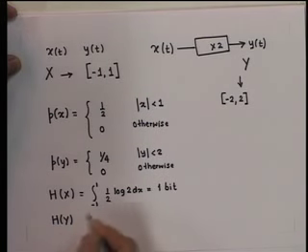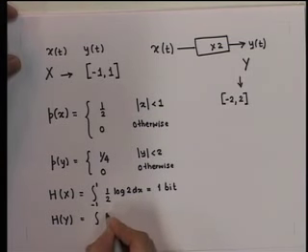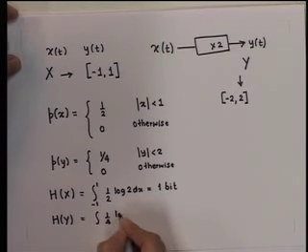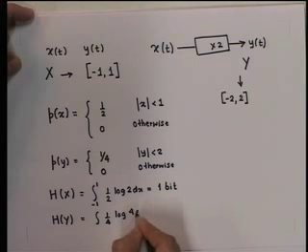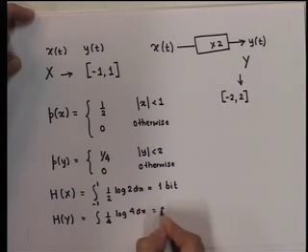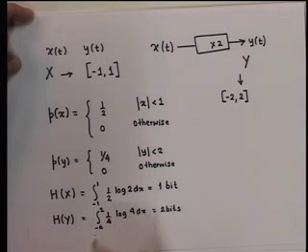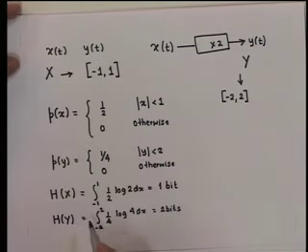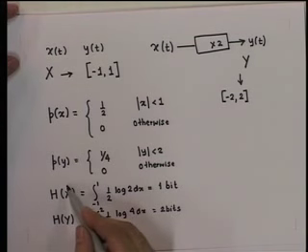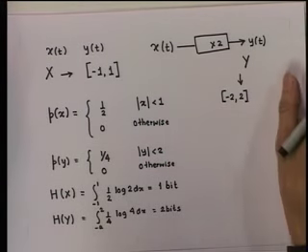Entropy of y is equal to two bits. Now, the entropy of the random variable y is twice that of x.